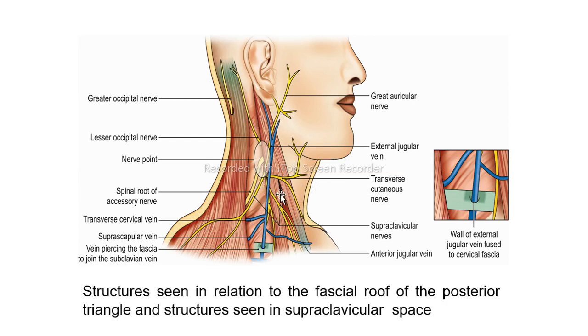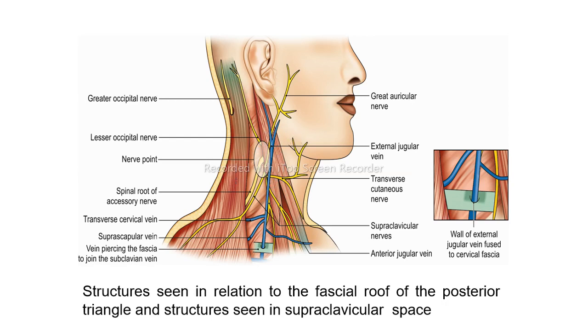So four sets of nerves. These are the cutaneous nerves that pierce the deep investing layer of deep fascia, go into the superficial fascia and supply the skin.